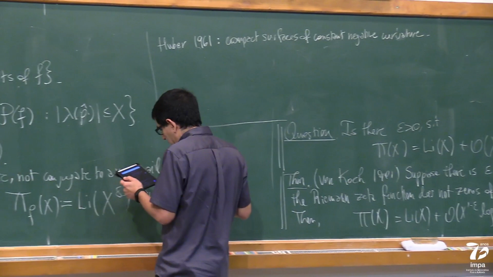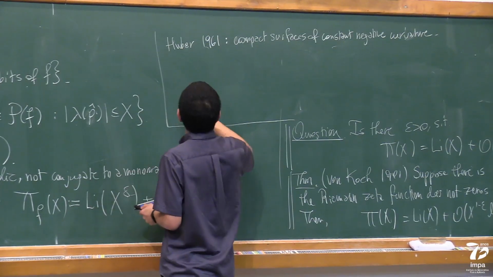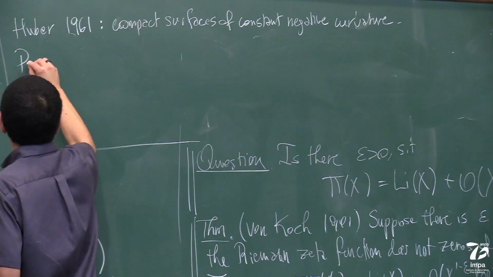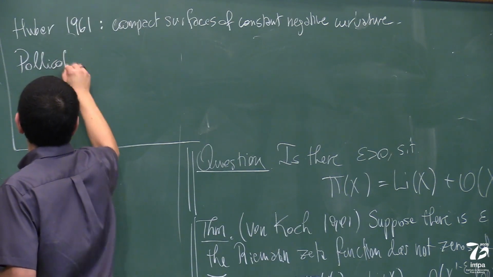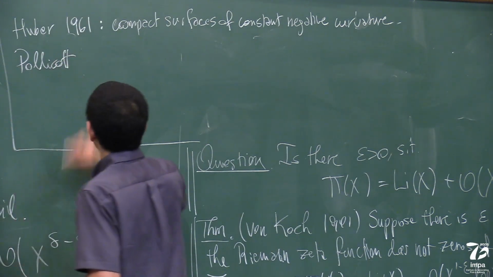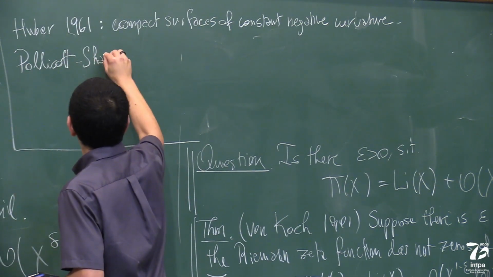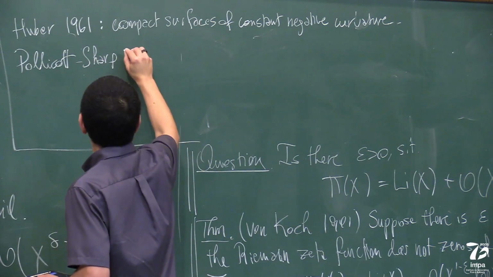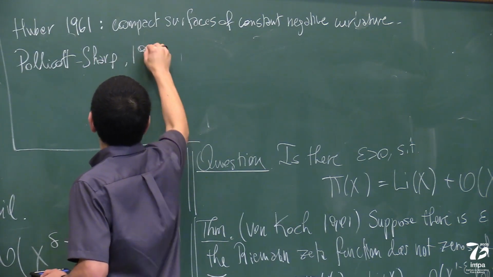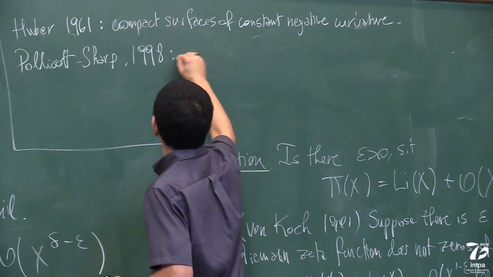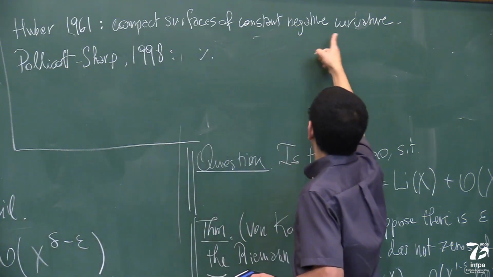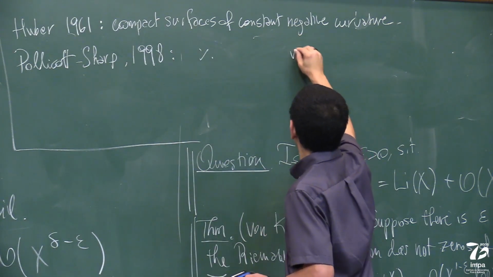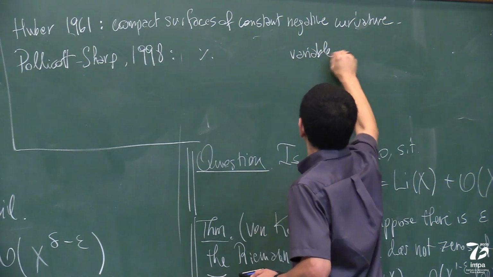Right, and then finally, a similar version to this was established by Pollicott and Sharp in '98, the same, except that here we crucially have variable curvature.